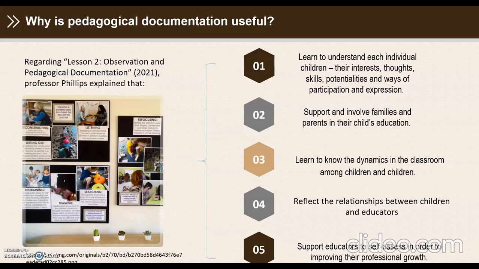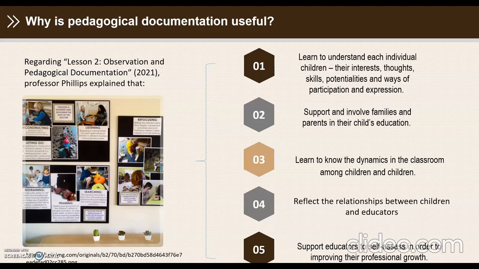It helps us to understand each individual child about their interests, thoughts, skills, potentialities, and ways of participation and expression. Via the visible documentation, educators as well as children can deepen their understanding and appreciate each child's uniqueness. This is the way to listen to and understand the 100 languages of children.